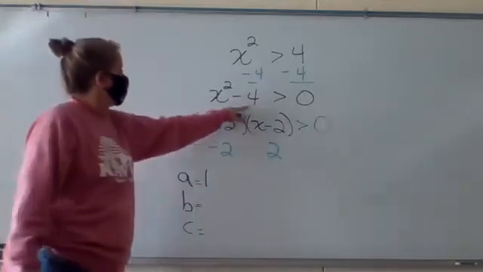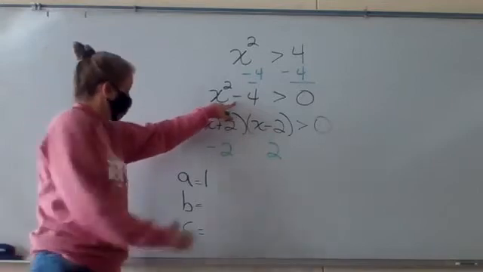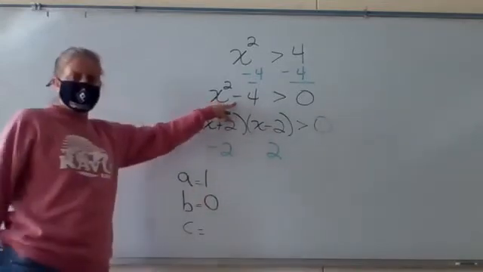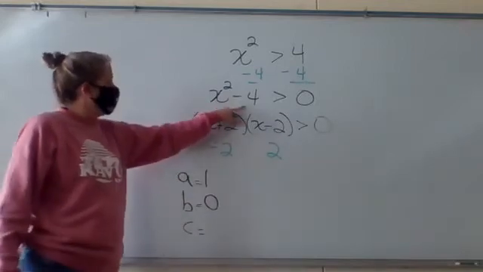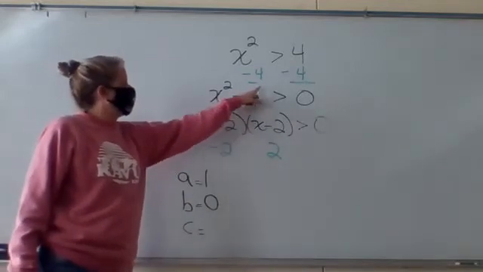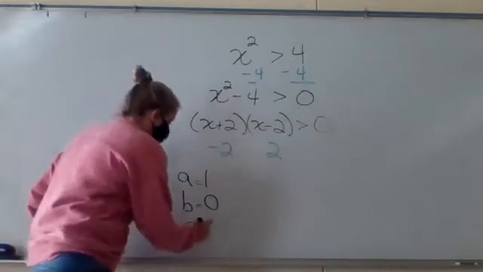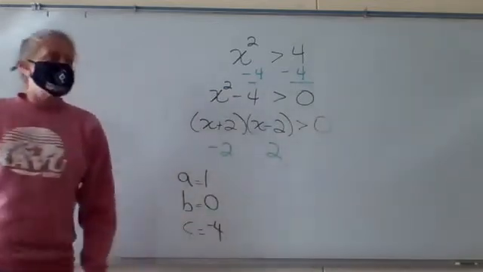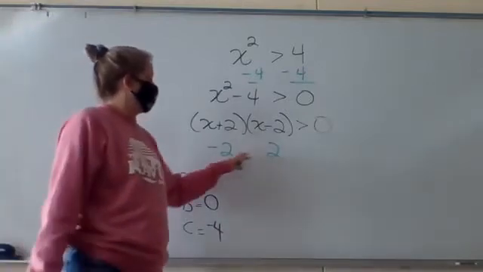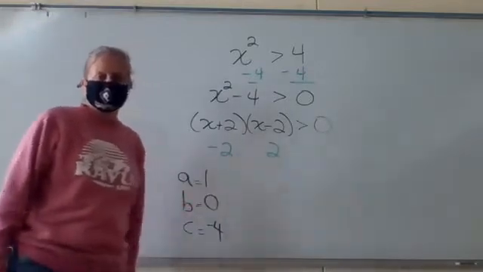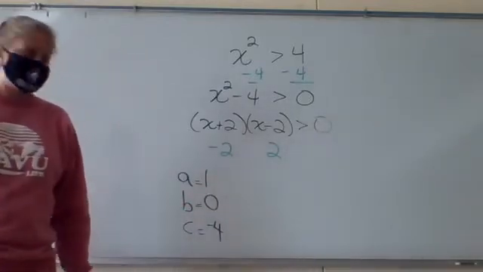Well, if I'm looking here, I don't see an x, which means I need to put in a 0 for my B. C is always the constant, which is the number that doesn't have a letter hooked onto it, which is negative 4. So if you put that into your quad program, it's still going to tell you negative 2 and positive 2 as your zeros.